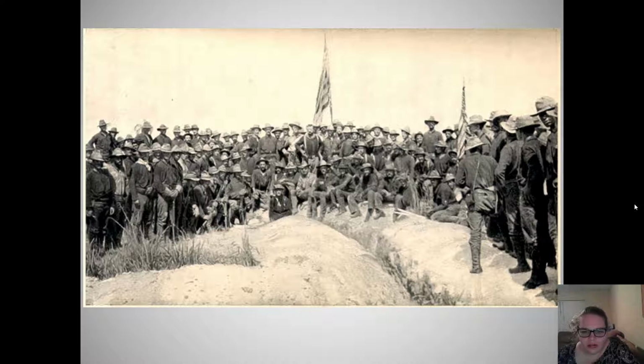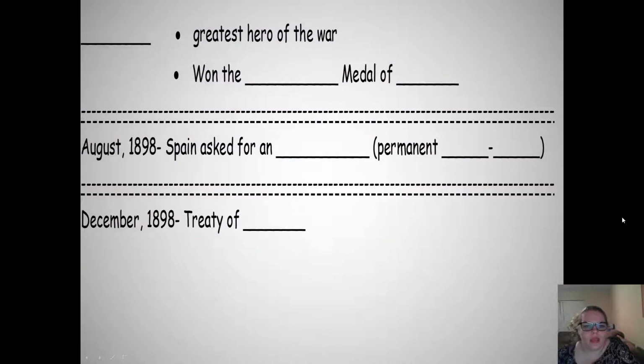What you see here in the very middle, right underneath the American flag, that's Roosevelt. And this is his Rough Riders mixed in with the 10th Cavalry Buffalo Soldiers. Okay. All right, Teddy Roosevelt becomes the greatest hero of this war. Okay, he wins the Congressional Medal of Honor for this.